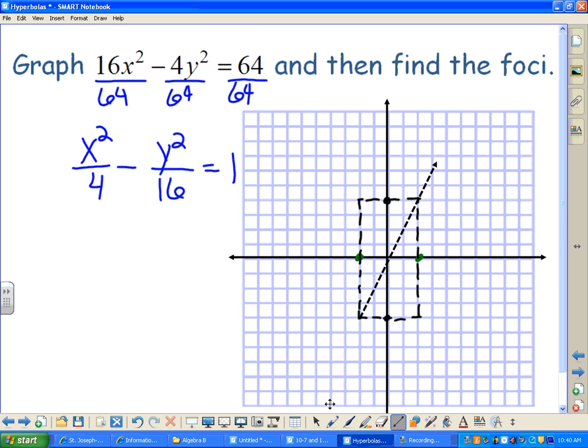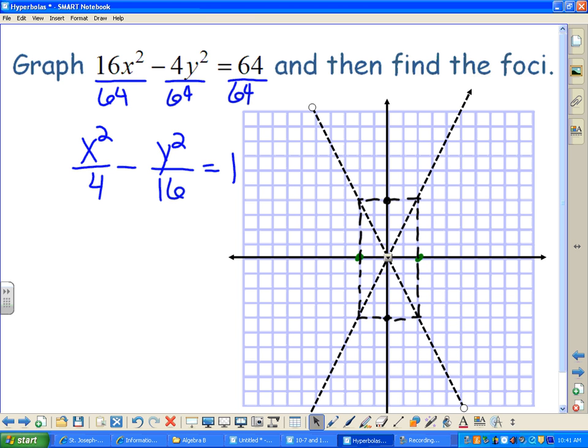And then you want to extend that dotted line outside the rectangle because that's where your hyperbola is going to happen. So there's one of my asymptotes right there. Do you see where the other one's going to go? Draw in the other diagonal. So corner to corner, just like this. Make sure you extend it outside the rectangle, outside the box.